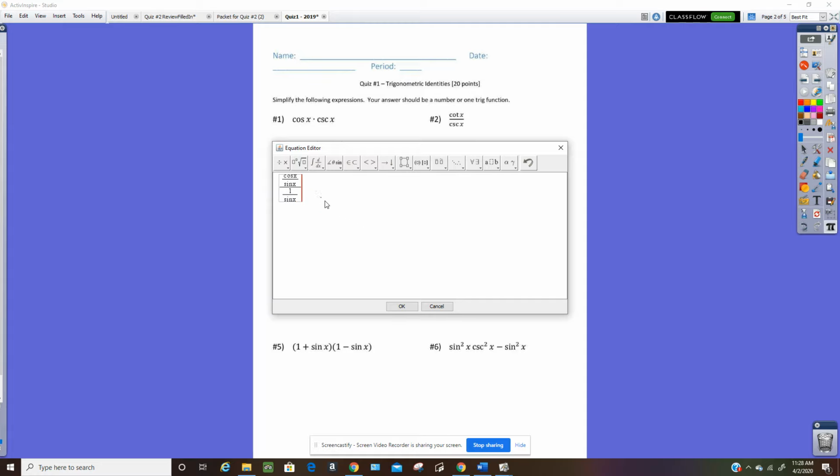And then that's equal to, they're going to take this complex fraction and then multiply by the reciprocal. So the numerator stays the same, cosine over sine. And then the denominator multiplied by the reciprocal is sine x over 1.